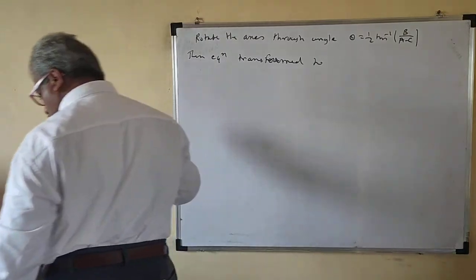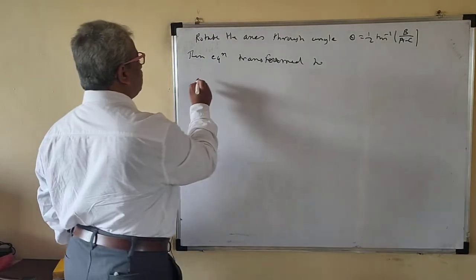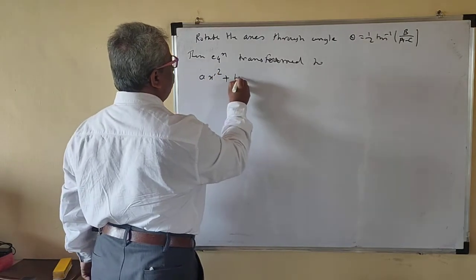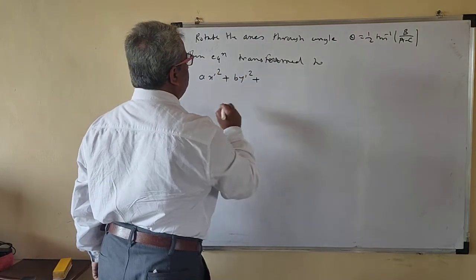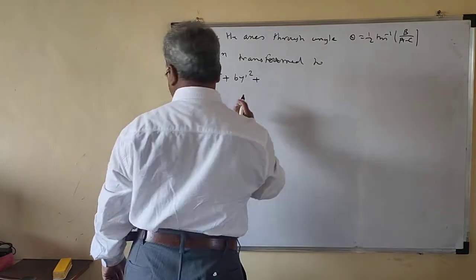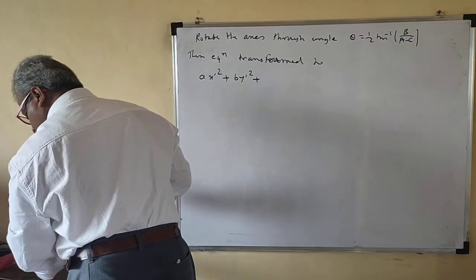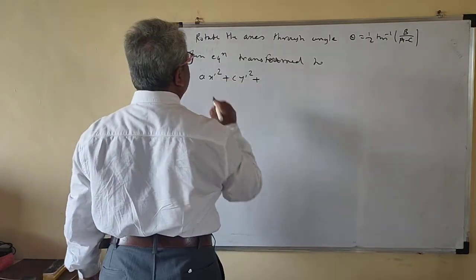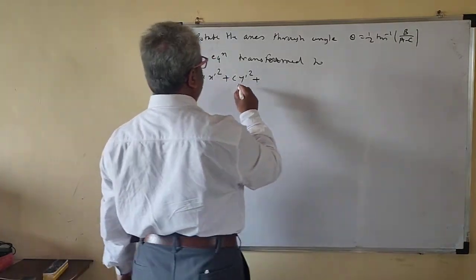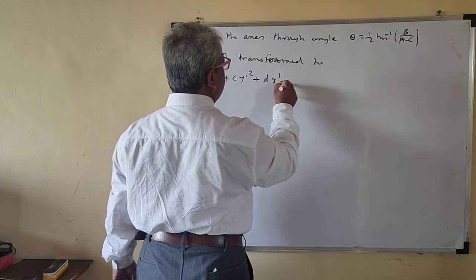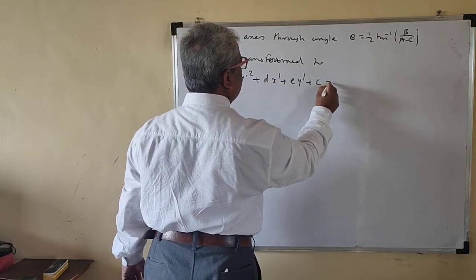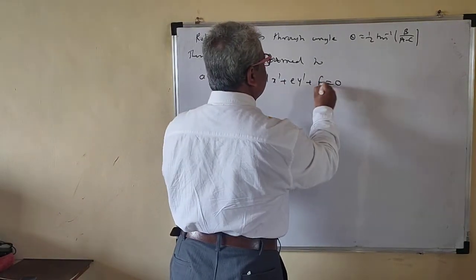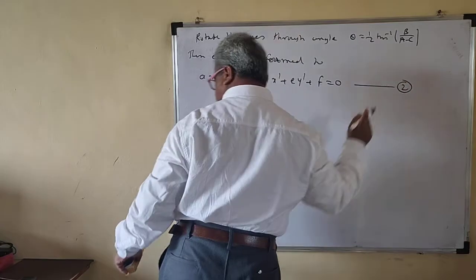Your coefficients are changed now, and the variables also change: a x prime square plus c y prime square, here we will write c only, in small letter, plus d x prime plus e y prime plus f. We will call this equation 2 now.